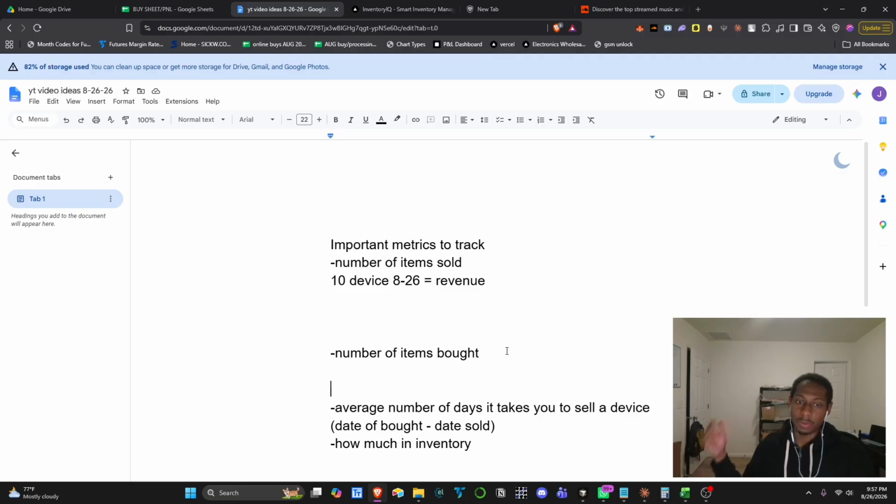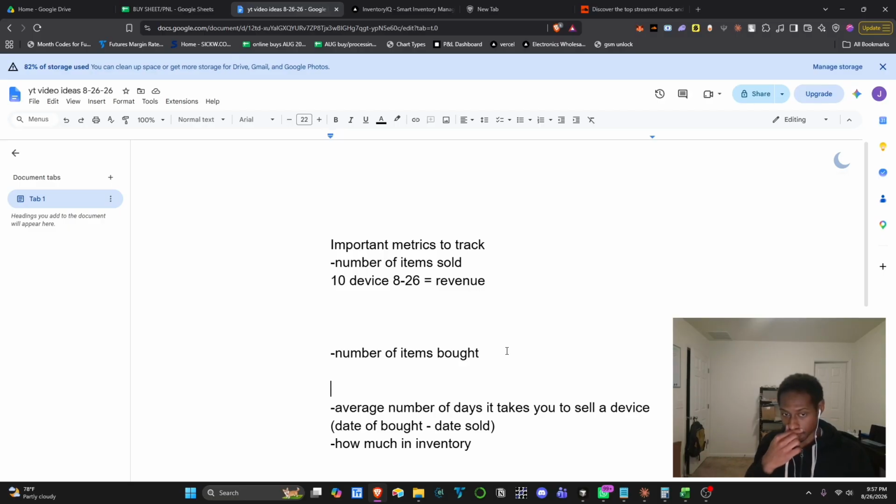So you can break down your revenue based on the number of devices that you sell every day. Let's say it takes 10 devices. I have to sell 10 devices every day in order to get 100K in revenue. I'm not saying that's the case, I'm just making up a number.